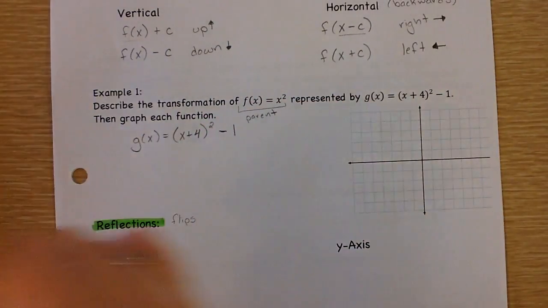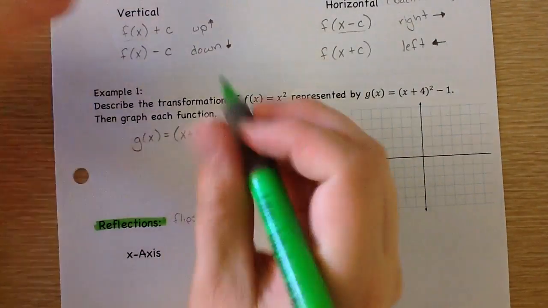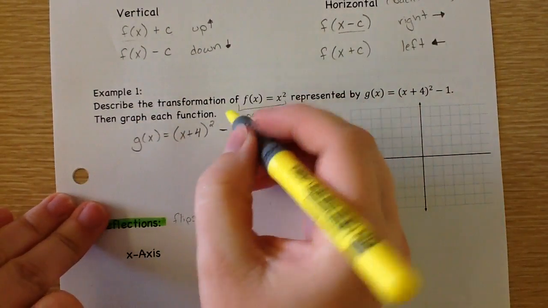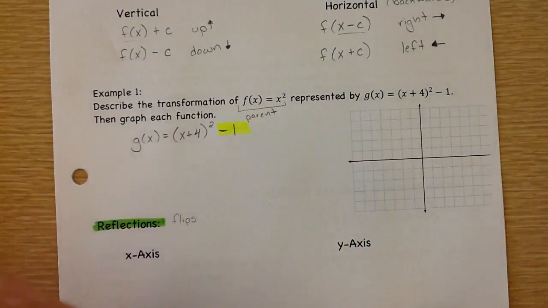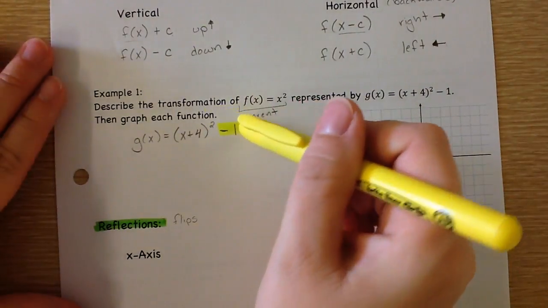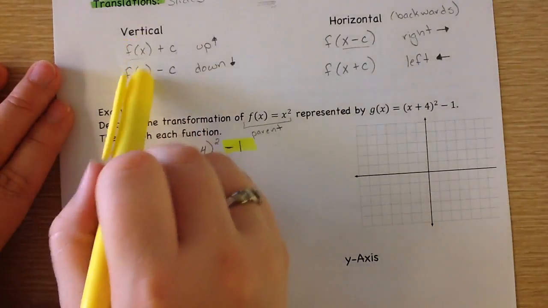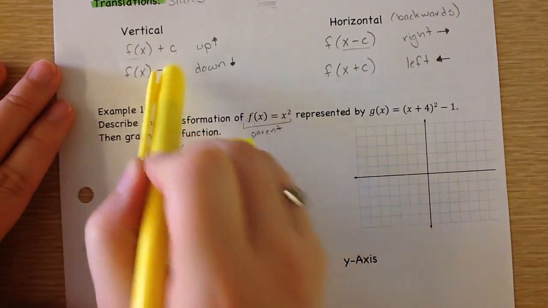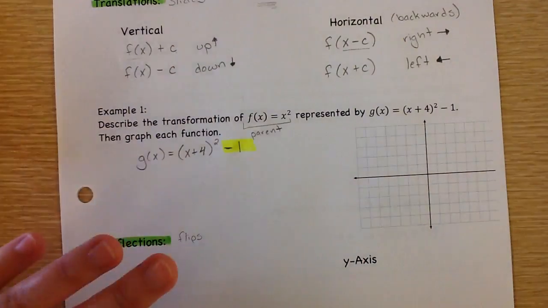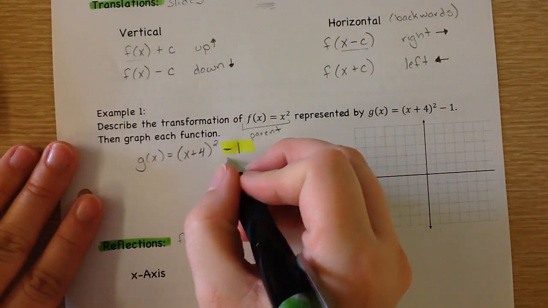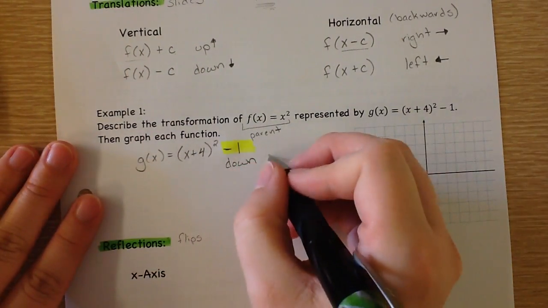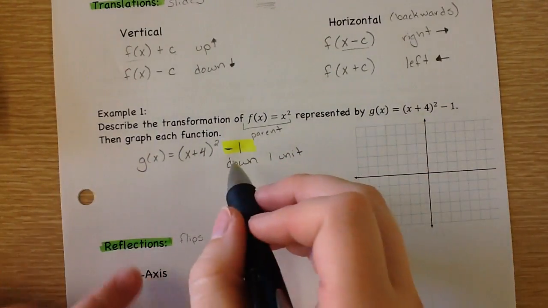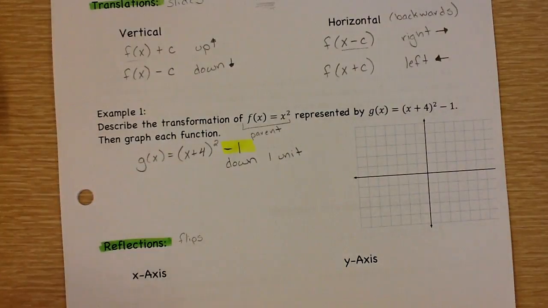The first thing I noticed is this minus 1 on the end. I'm taking my function and subtracting 1 on the end, so that's going to shift it down. That minus 1 is going to translate this down 1 unit.